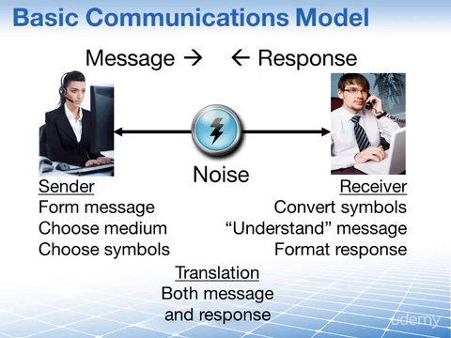And this is where the last item comes into play here, and that is noise. On this communications channel, there may be some form of noise that interferes with the message that is being sent back and forth. Let's look more closely at what causes this noise.